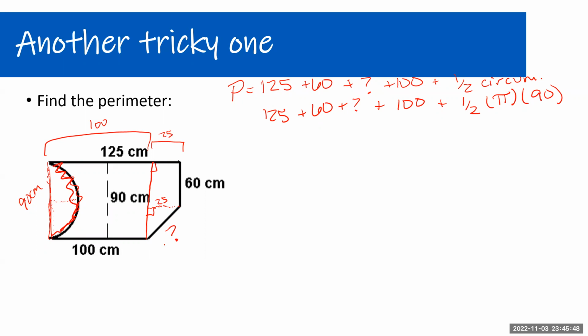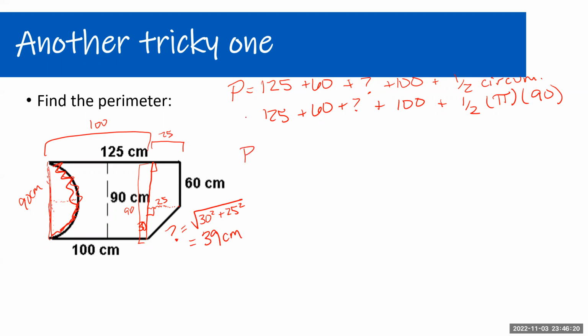Now, this is not perfectly half, but I know that this whole thing is 90, right? But I know that this part is 60. That tells me that right here has to be 30. Okay. So using Pythagorean theorem, this is the hypotenuse again. I know that this is going to be equal to the square root of 30 squared plus 25 squared, which is going to give me about 39.